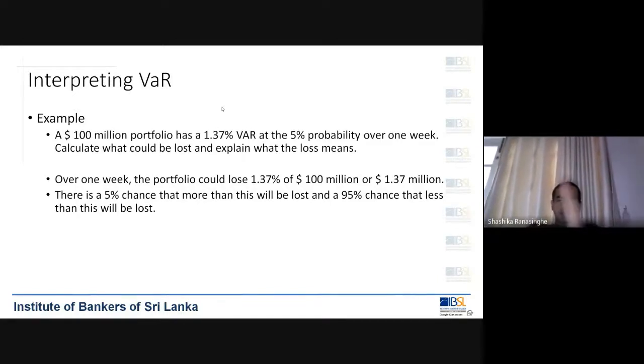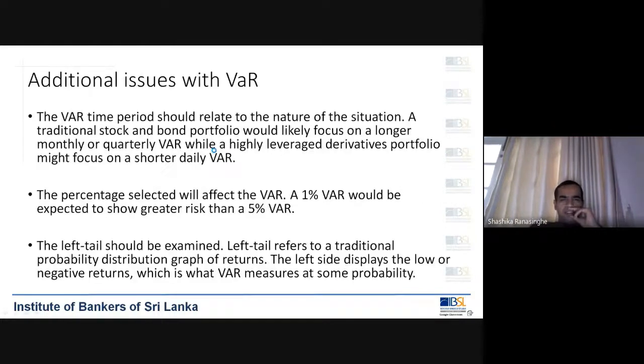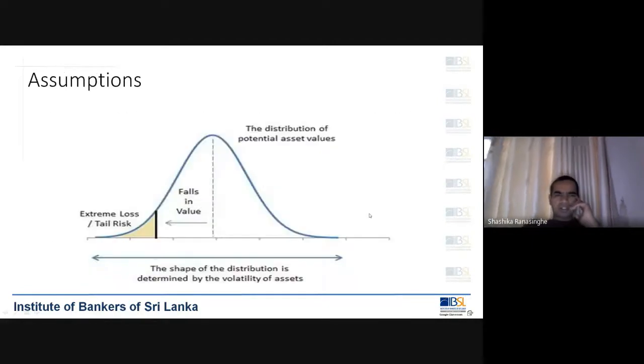But there is a probability of 5% that it will exceed $1.37 million. So calculate what could be lost and what the loss means, right? So over 1 week, the portfolio could lose 1.37 million of 100 million, which is $1.37 million. And there is a 5% chance that more than this will be lost and 95% chance that less than this will be lost. And so let's go back to this curve.